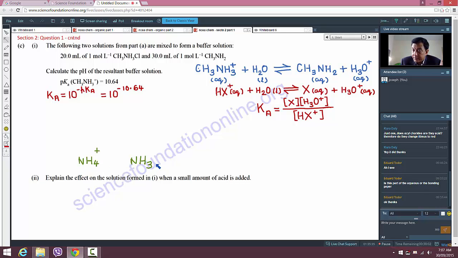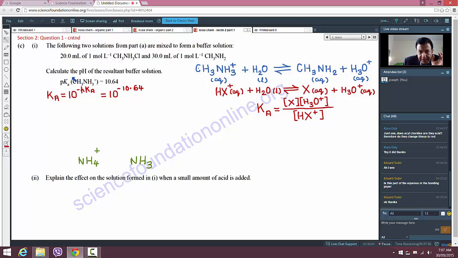If it's a solution that has both those species present, it will be a buffer solution. Similarly, that's a familiar buffer solution. So if we can get that there, this is very much like that. We can have this weak acid, the CH3NH3+, together with its conjugate base CH3NH2.